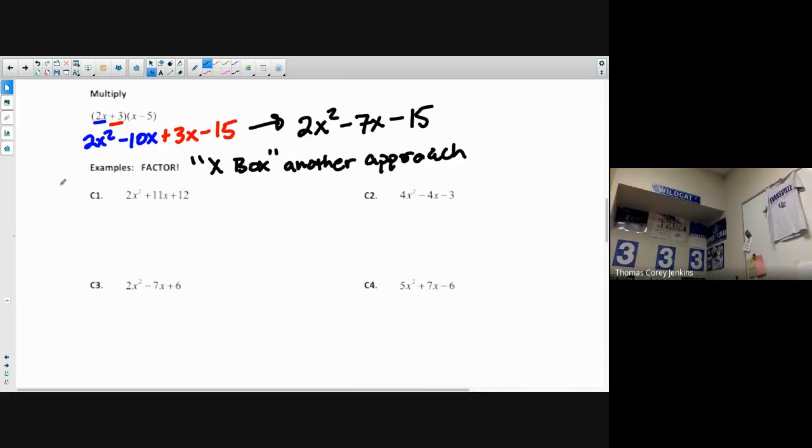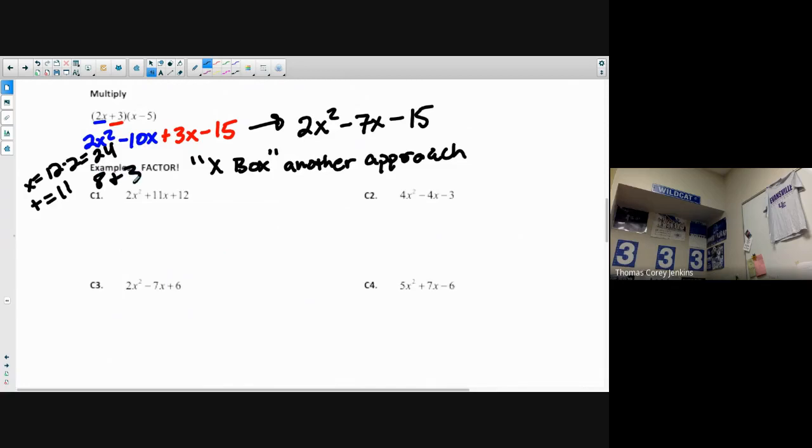Let me see where I wrote that so I don't write over it. So multiplies to 12 times 2, so we're looking for multiplies to 24 and adds to 11, right? So thinking about my factors of 24: 1 and 24, that's not going to work. 2 and 12, that's not going to work. 8 and 3, that's going to be our winner.